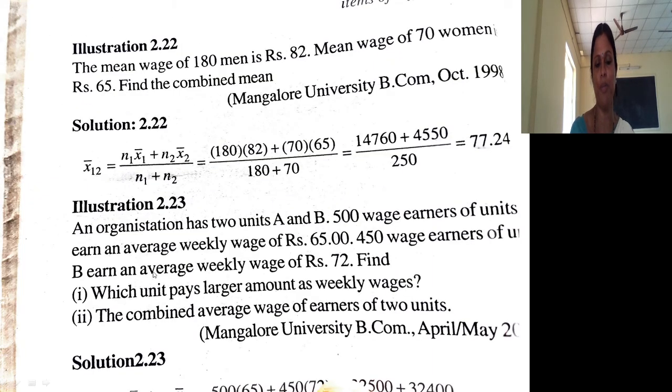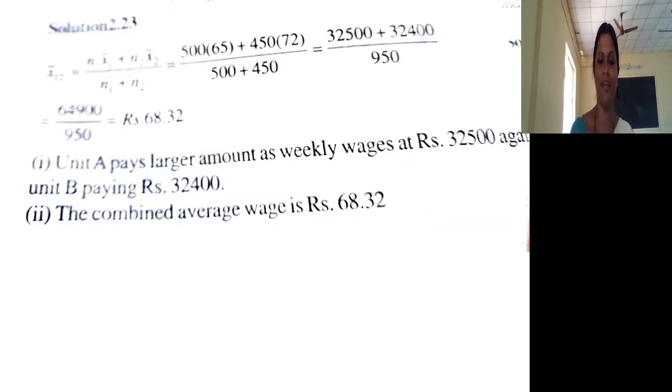It is very simple. You multiply 500 with 65, you multiply 450 with 72. The one with the higher amount is the unit which pays more weekly wage.